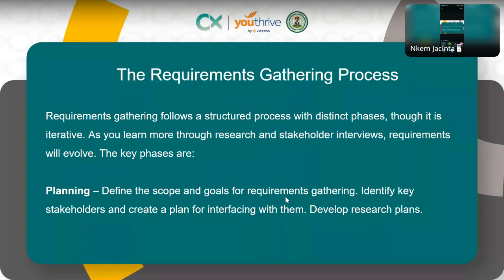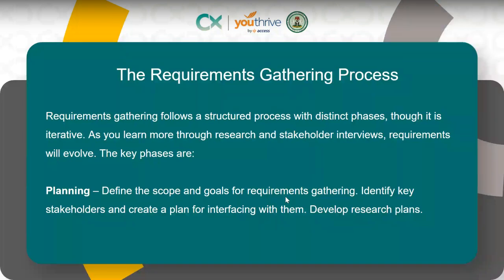We have the planning, which is where you define the scope and goals for requirement gathering, identify key stakeholders and create a plan to interface with them, develop a research plan. So you define your scope, like, okay, this is what we are building, this is how far we are building it, and what is the goal, what is the product meant to do, to what extent, what is the outcome that the product is meant to achieve for the customers.